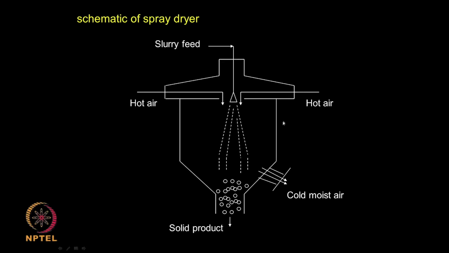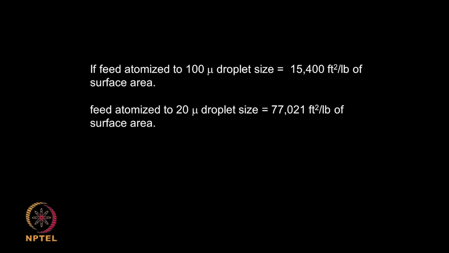So, it carries the moisture. Okay, as it comes down, because it is fine particles, you end up with solid particles which are collected. The solid particles we are talking in terms of microns. So, we could get very fine micron particles using this type of technique.